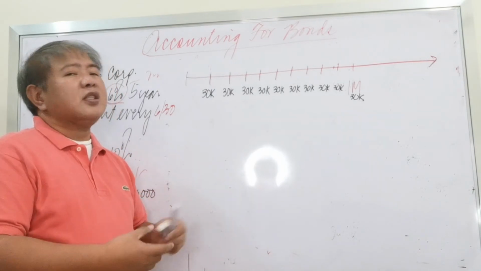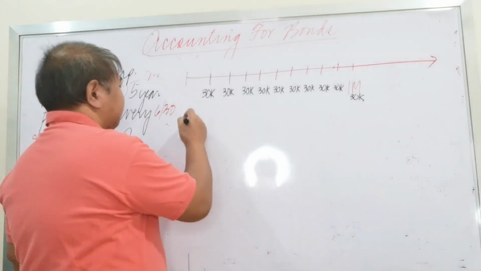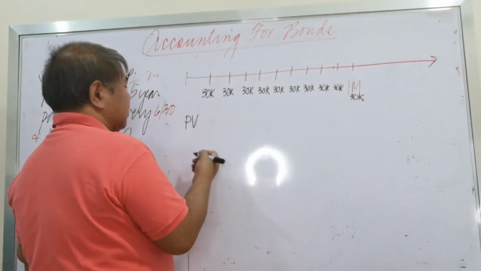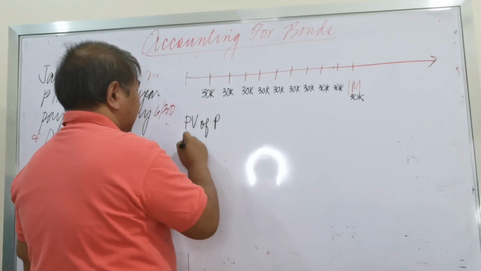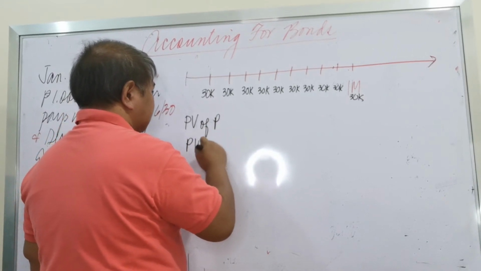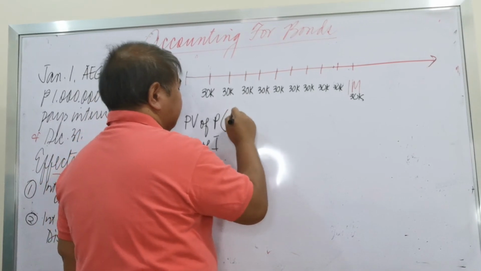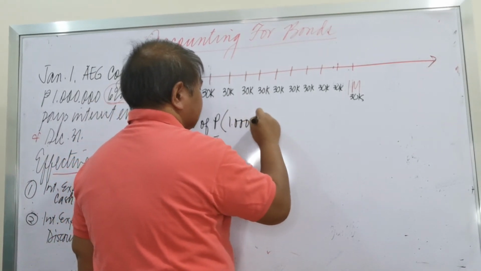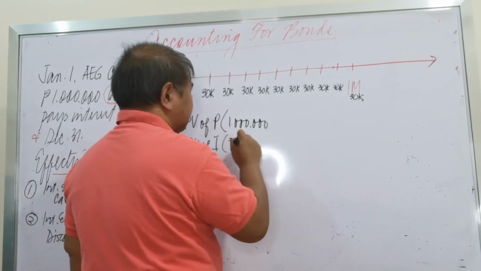So how will this affect our computations? Again, we just have to find the present value. Present value of the principal and present value of the interest. Present value of the principal is 1 million pesos, and then present value of the interest is 30,000.